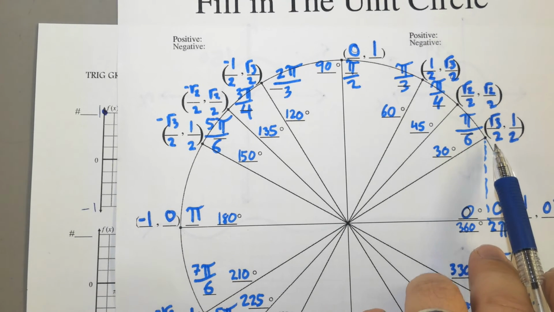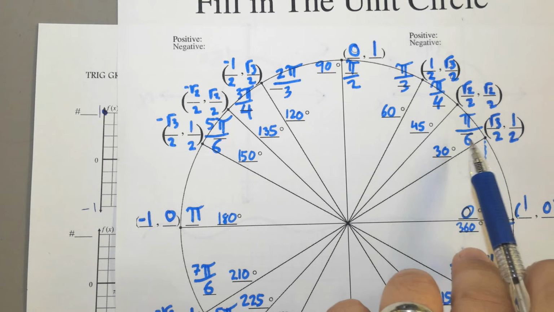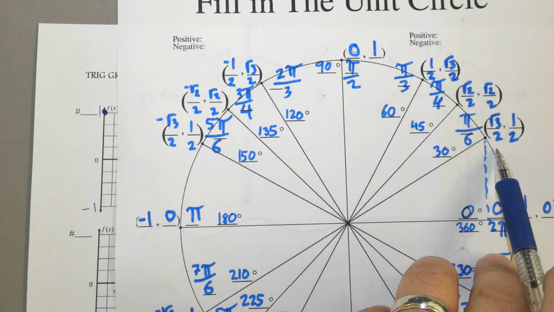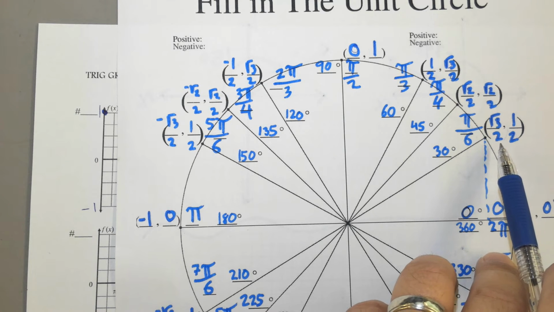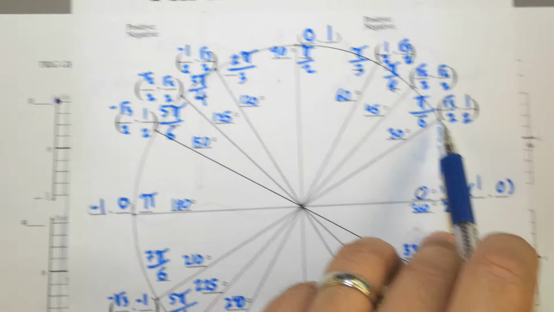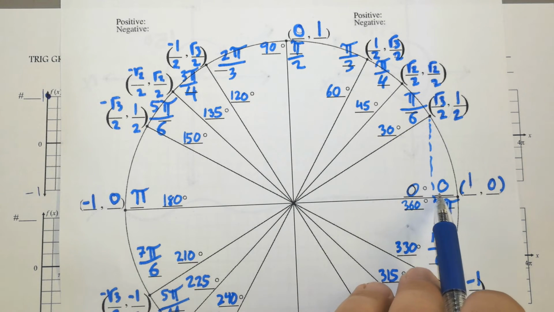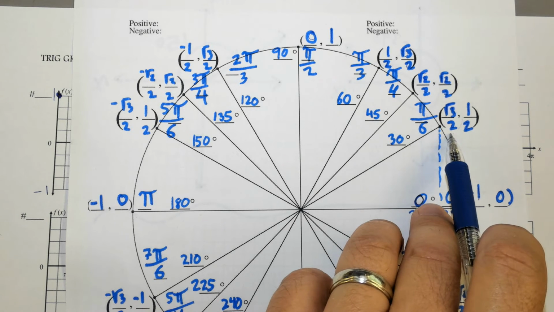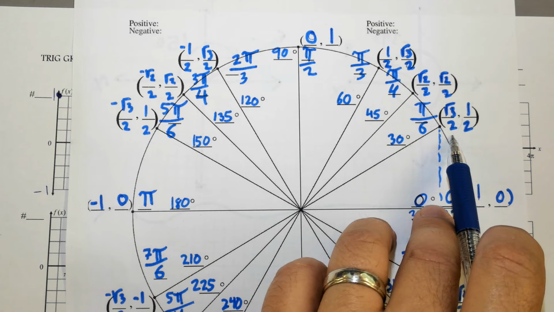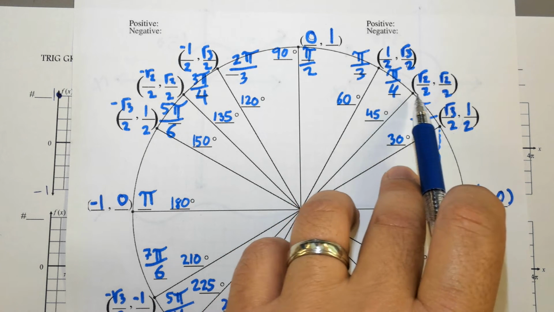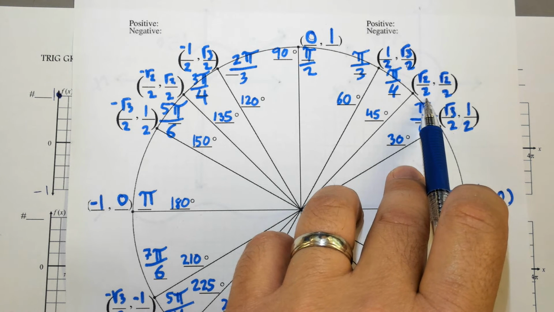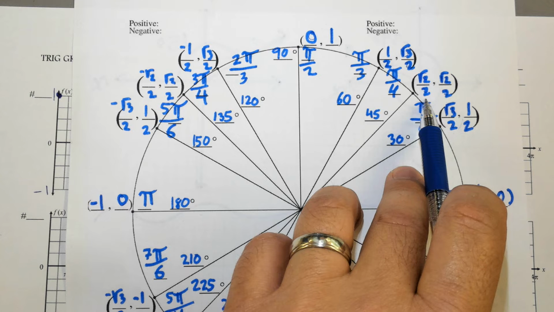And we said we're going to ignore the positions of values that are not trivial to graph by hand. We're going to use decimals for that. So it was easy for us to graph at 0 radians the value of 1. Pi over 6, we're at radical 3 over 2, again a decimal. At pi over 4, we are at radical 2 over 2, again a decimal that is not very friendly to graph by hand.